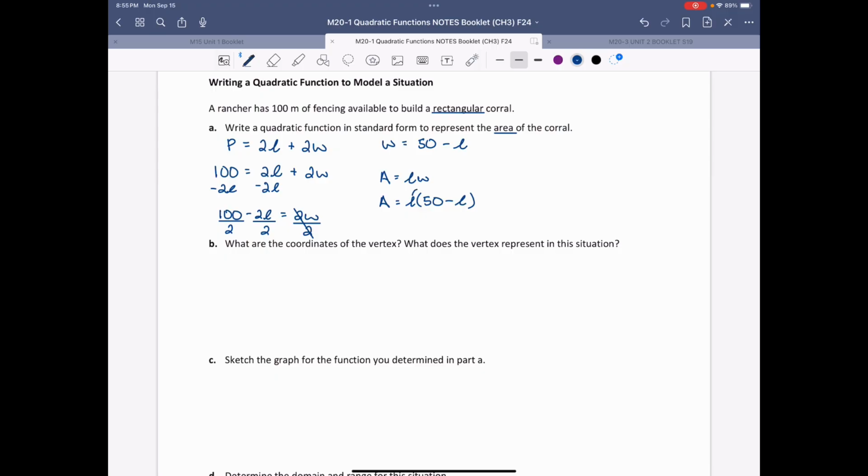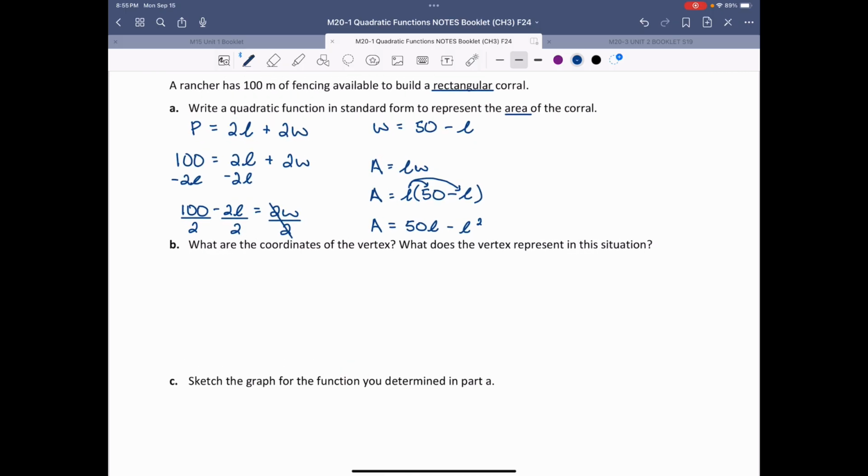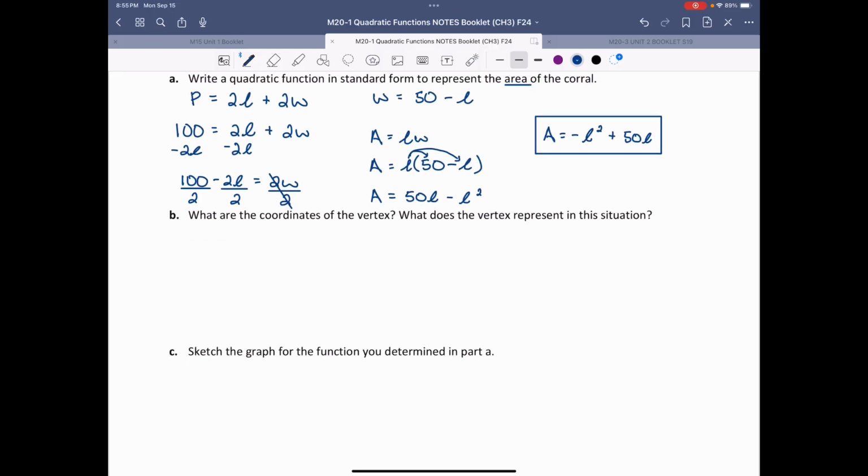Then if I multiply that L into the brackets, I have area equals 50L minus L squared. If I want to put it in standard form, then it would be area equals negative L squared plus 50L. And there is my quadratic function representing the area of the rectangular corral.